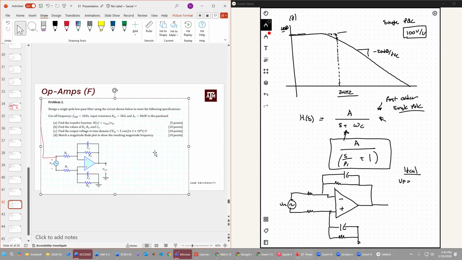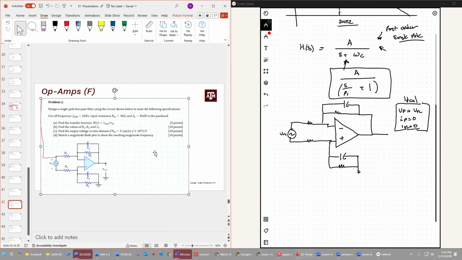So we're going to say VP is equal to VN, and we're going to say IP is 0 and IN is also 0. Okay, great. That's going to make this a lot easier to solve. So now we can decouple this circuit, and I'm going to redraw this circuit, and hopefully you guys can follow along with me on how I'm going to derive this.